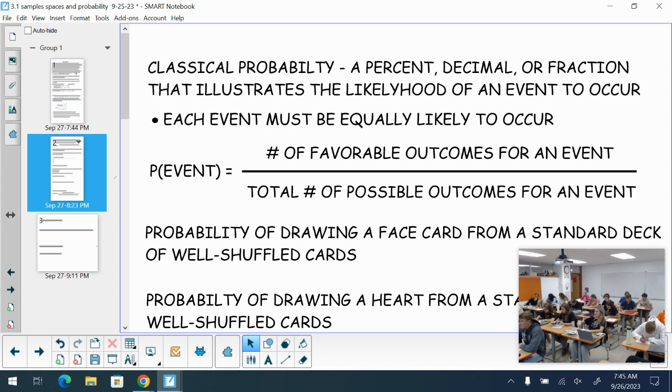With classical probability, the probability of some event occurring is equal to the number of favorable outcomes for that event over the total number of possible outcomes for that event. Favorable over total number of outcomes.